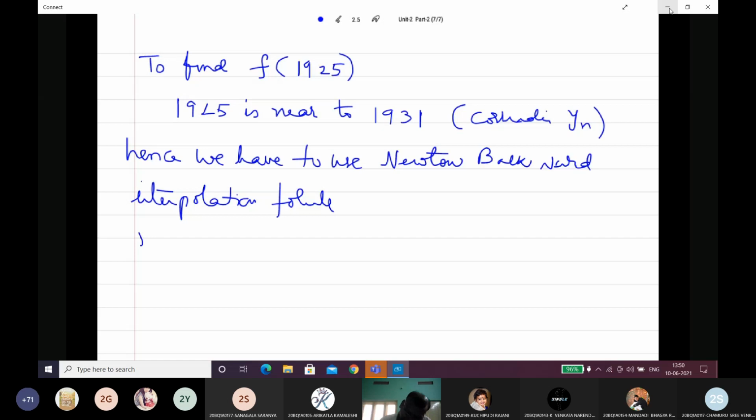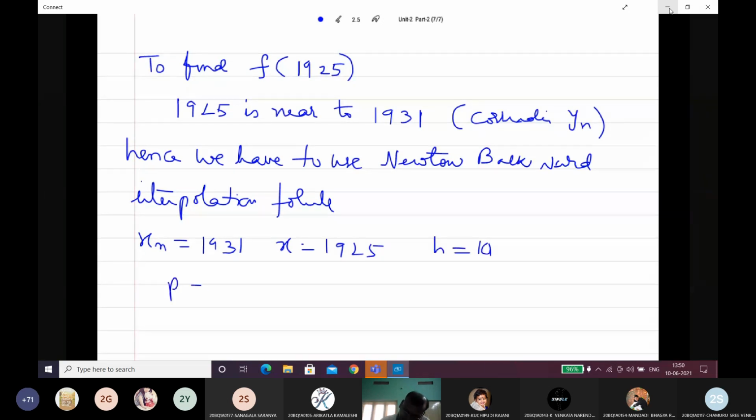Here xn is equal to, what is the value of xn? 1931, the last value. X is equal to 1925 and h is equal to 10.